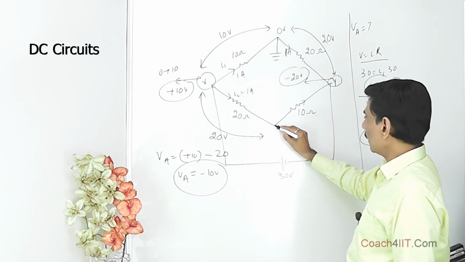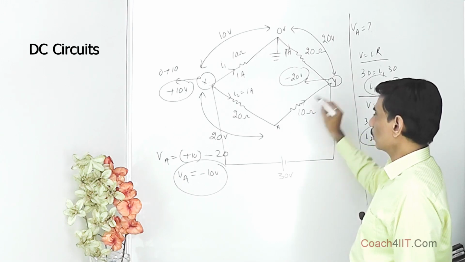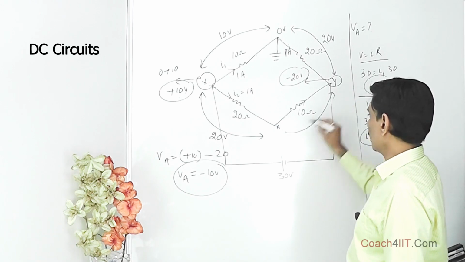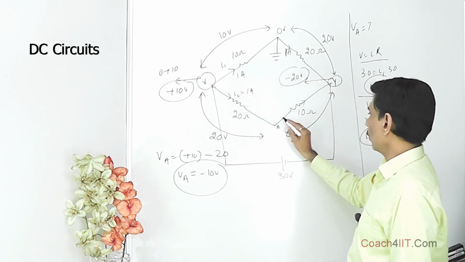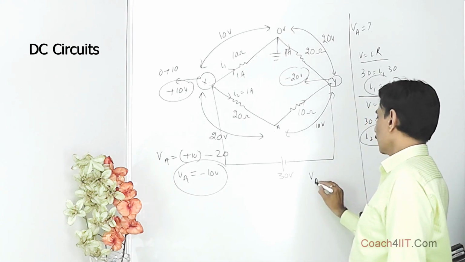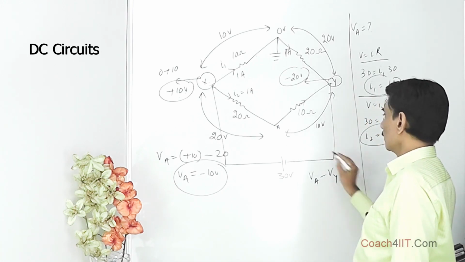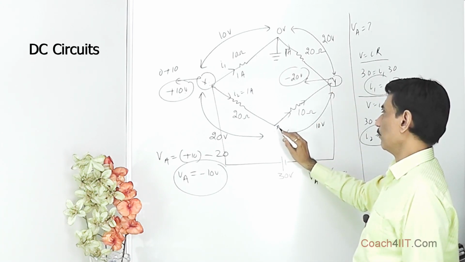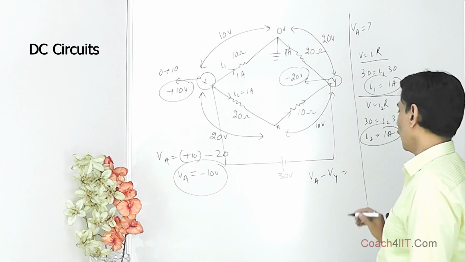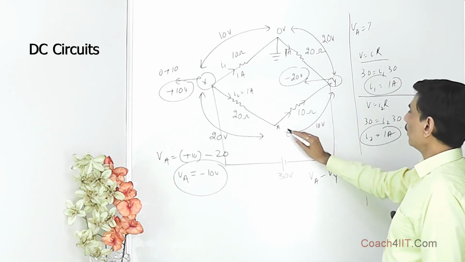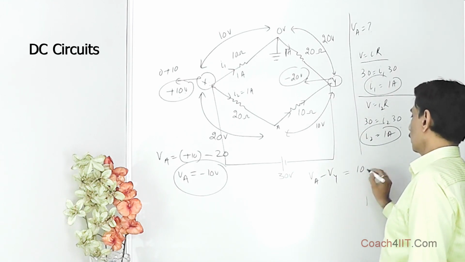Over here we see that the conventional current is going in this direction, so the potential of this is higher as compared to this, and the potential difference is, current is 1 ampere, 1 into 10, that is 10 volt. That is VA minus VY. The conventional current is going in this direction, so the absolute potential of A is greater than the absolute potential of Y. VA minus VY is 10 volt.